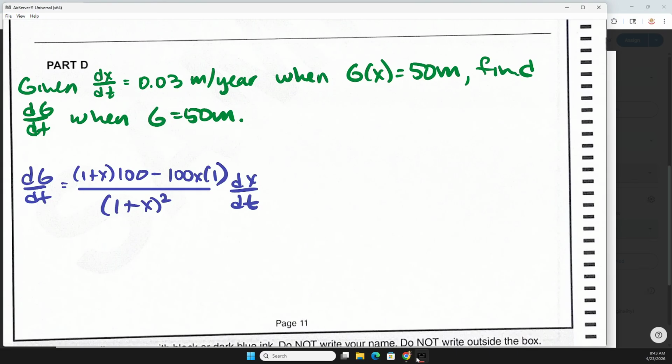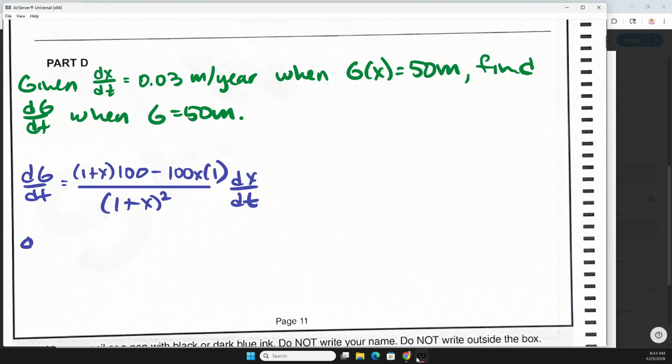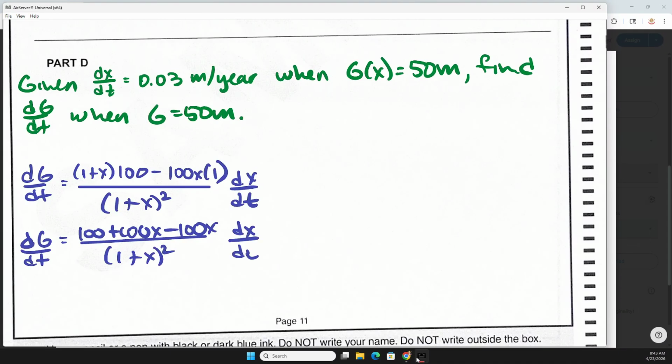All right, now I'm going to take a second, I'm going to clean this up a little bit. So I'll distribute the 100. I wouldn't square that. I would just leave it like that. All right, and then finally I can do 100x minus 100x.